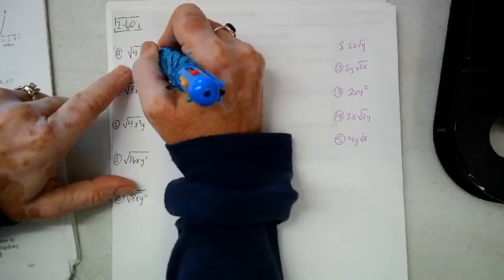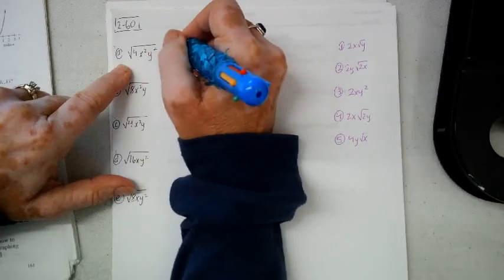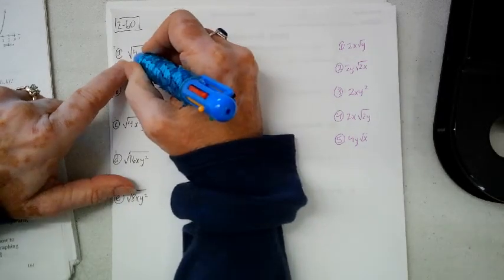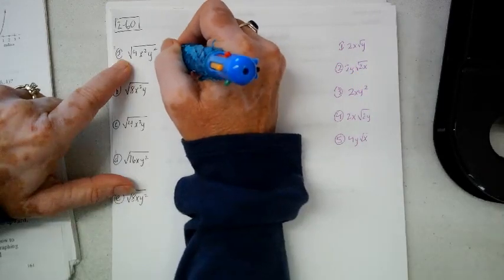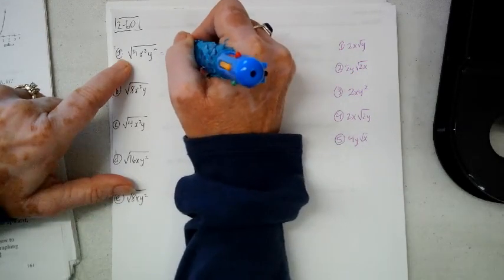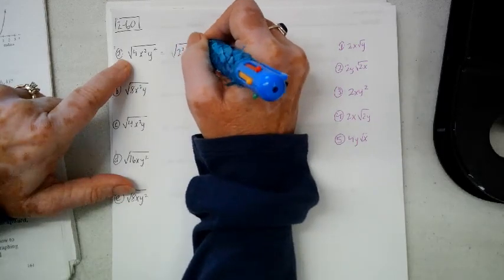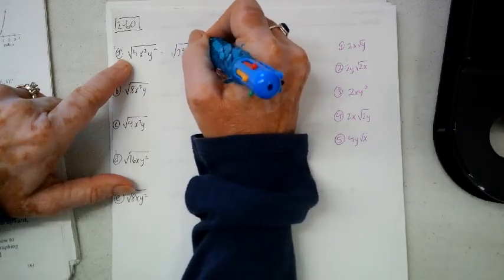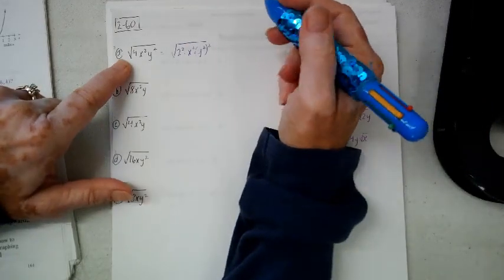I like to break them down into pieces, perfect squares. So this is 4, like the square root of 4 is 2 squared, right? I hope this makes sense when I do it this way.